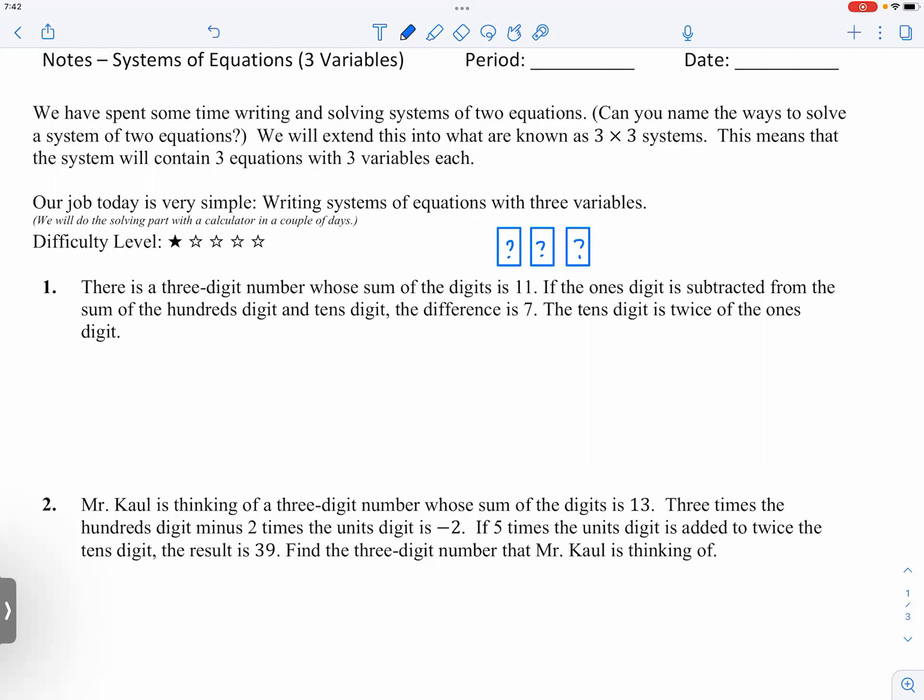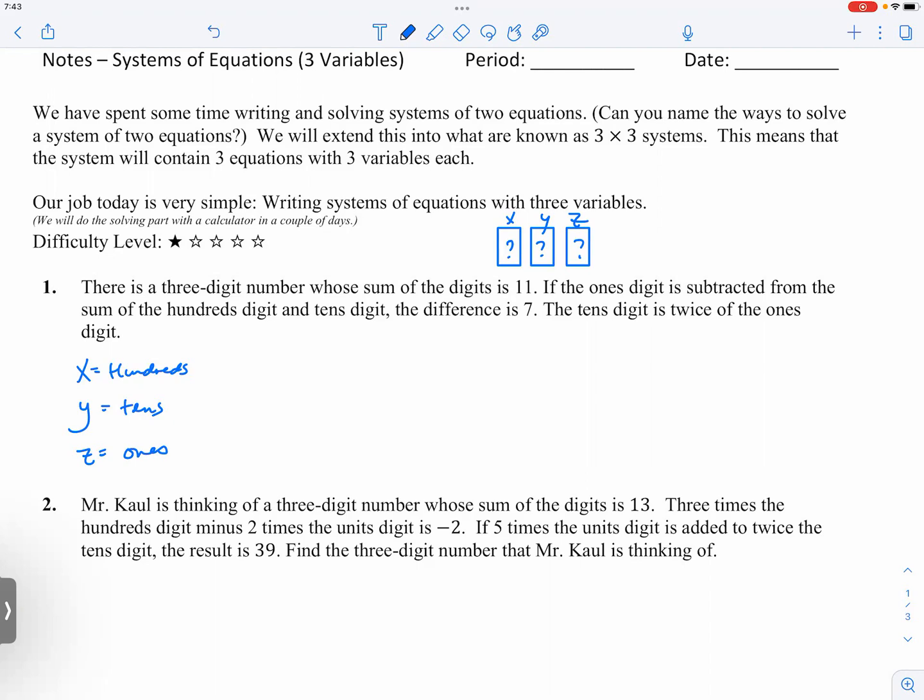If we have X, Y, Z, let's say X is the hundreds, Y is the tens, and Z is the ones. Sometimes we call it ones, sometimes units. They're both the same thing. So there's an X, a Y, and a Z: how many hundreds, how many tens, and how many ones are there?